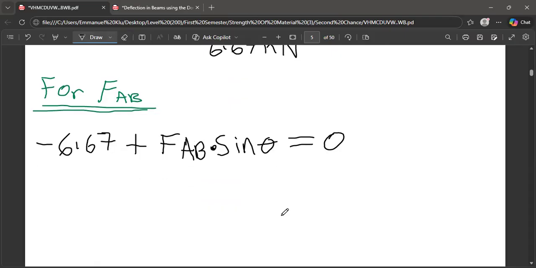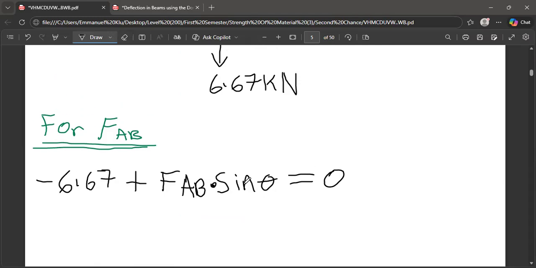But take note, why are we equating it to 0? It's because of the equilibrium conditions we learned earlier. Okay. Or better still, we could still put it down before we move to enhance understanding.